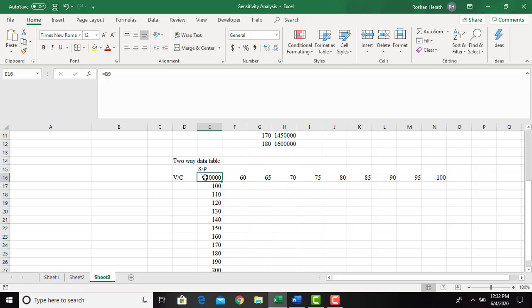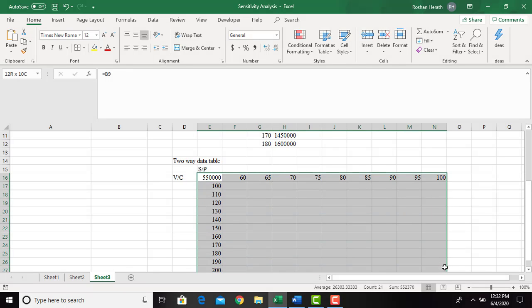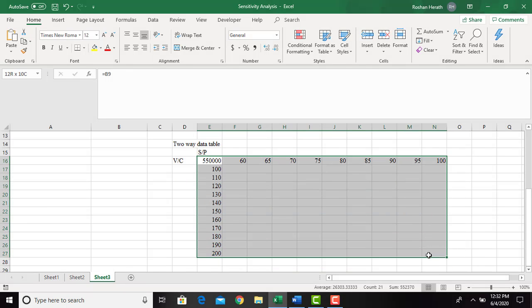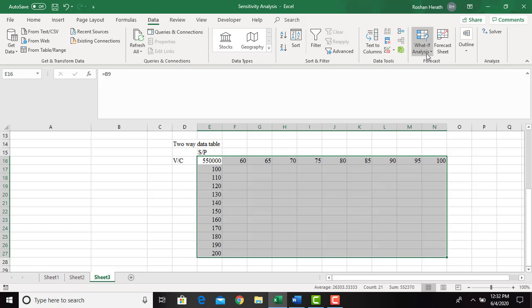දැන් අපිට පුළුවන් data table එක select කරන්න. select කරලා, අපිට පුළුවන් යන්න data, then what if analysis, then you can take the data table.